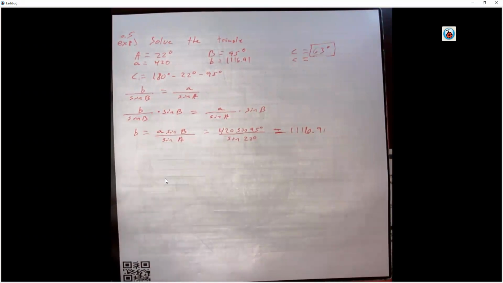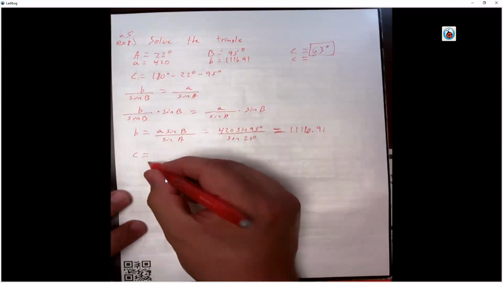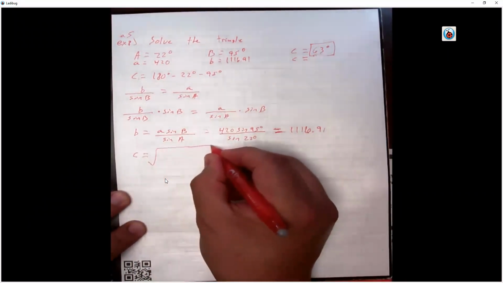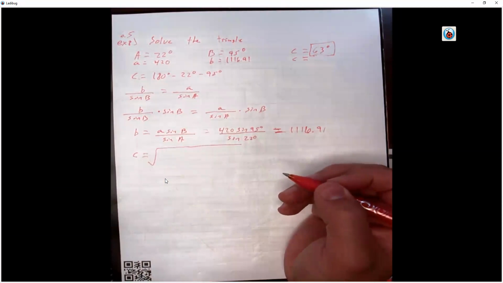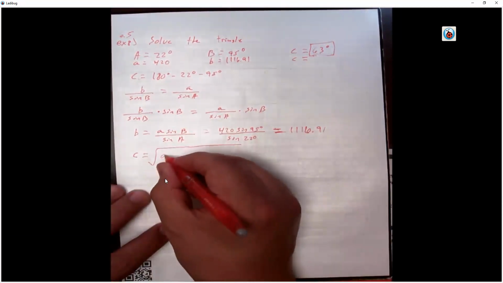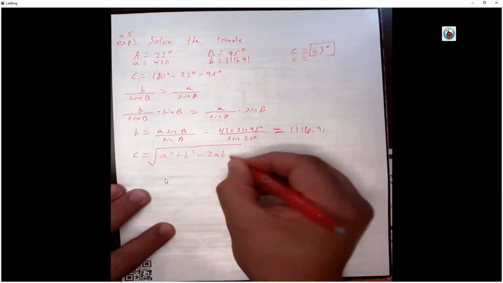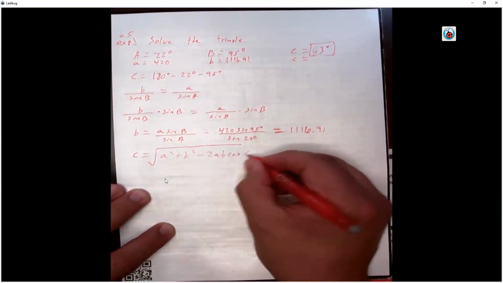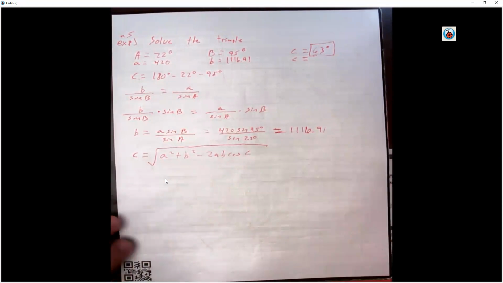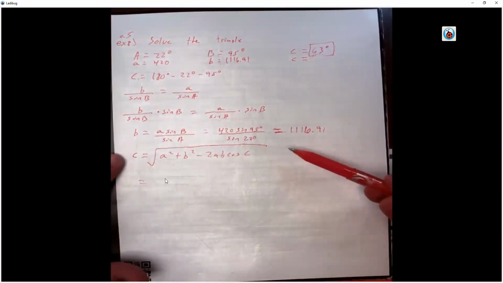So let's do log cosine just for fun. Little c in the log cosine formula is going to be, what was it? I think I wrote it down. a squared plus b squared minus 2ab cosine c. So I don't have to worry about fractions or multiplying. I'm just going to plug it in and be done.